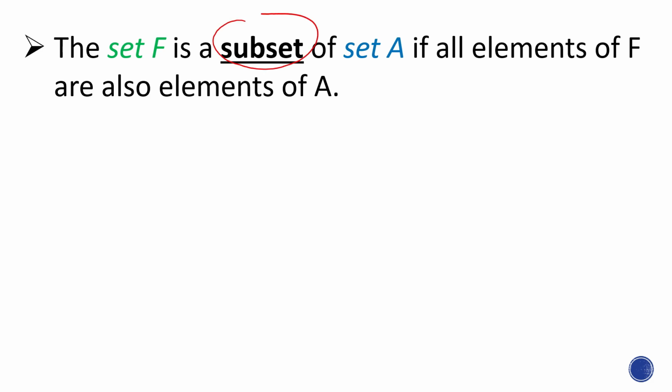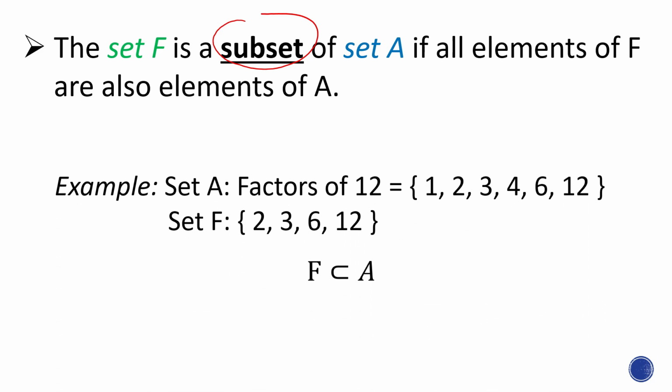The set F is a subset of set A if all elements of F are also elements of A. Let me give you an example. Here we have factors of 12, so that is set A: 1, 2, 3, 4, 6, and 12.